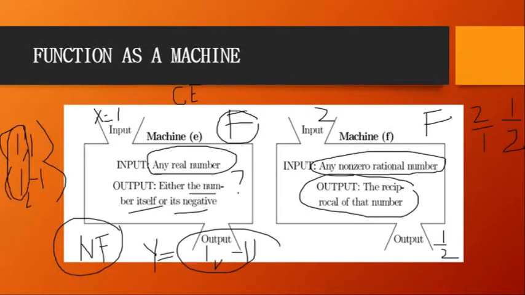Baka kapag nakapag-try tayo ng 3 to 5 values ng x, akala natin function na siya. Pero hindi natin alam, meron palang ibang real numbers na magpapatunay that this is not a function. Okay? Kahit majority of the numbers ay nagsasabing function, pero meron tayong nahanap na kaisa-isang number na nagsasabing not function pa din yung sagot doon.